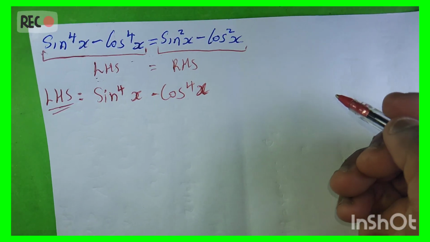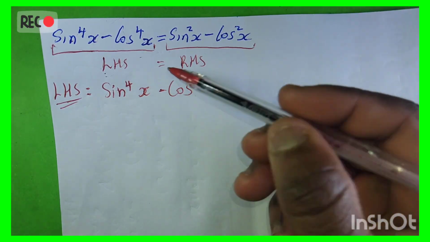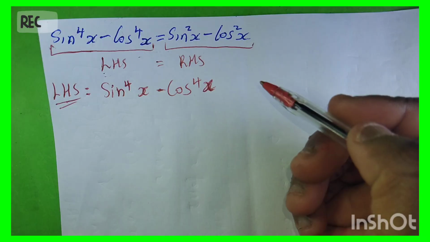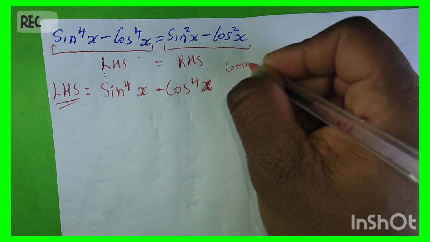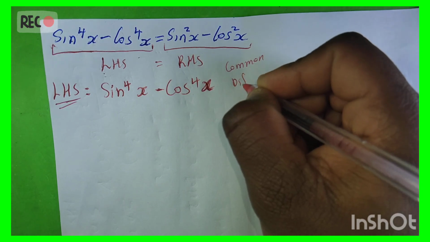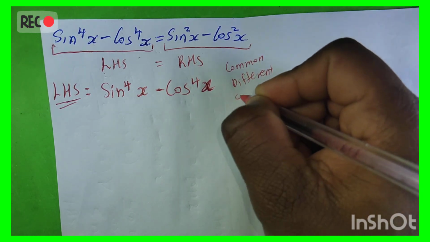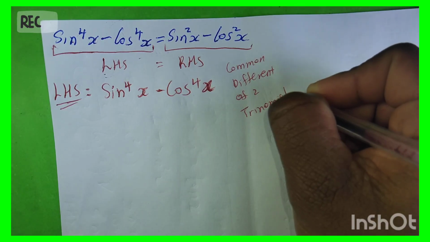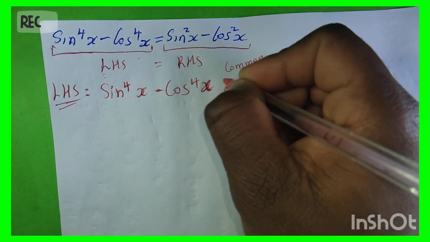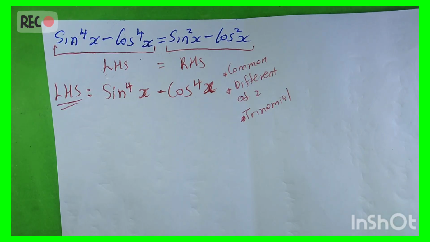Do you see? Yeah. Guys, in grade 11, by the way, just know how to take a common factor, know the difference of two squares, and just know what to call trinomials. At least if you can know these three types of factorizing, you will be good.